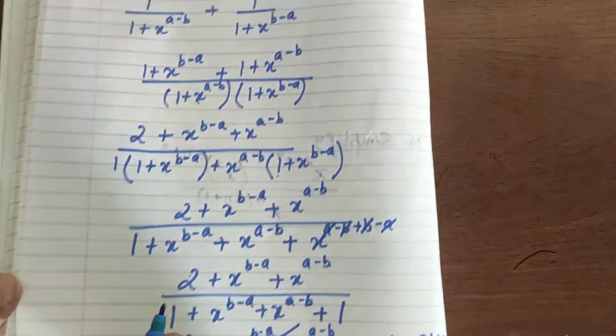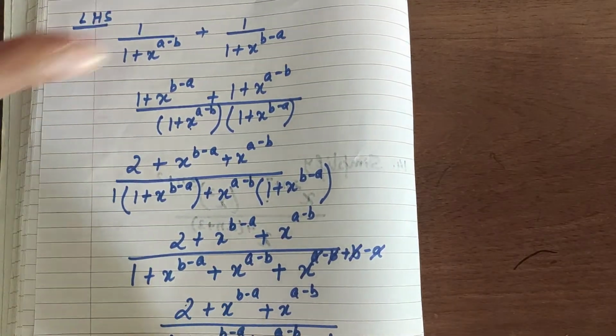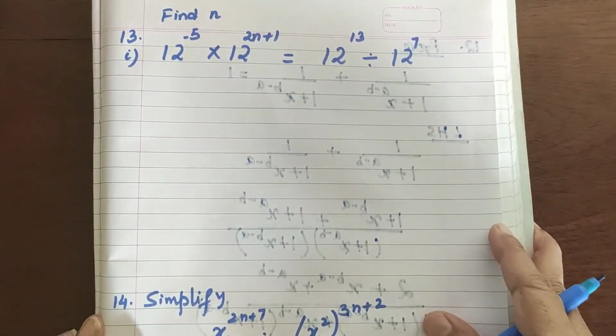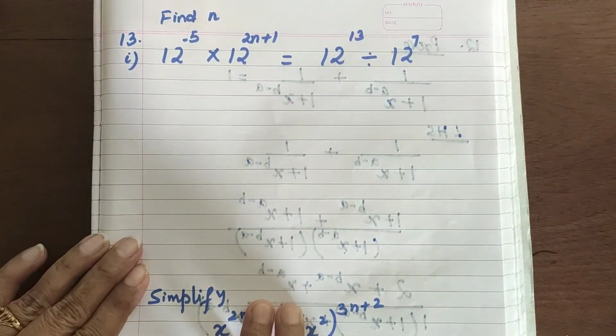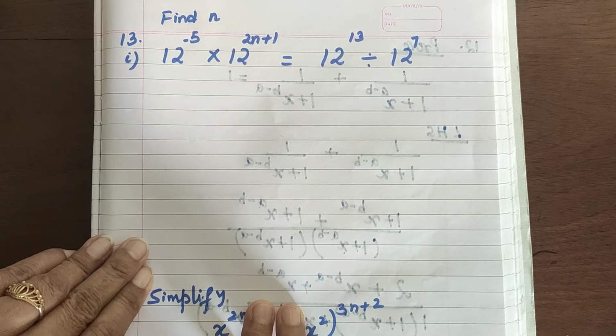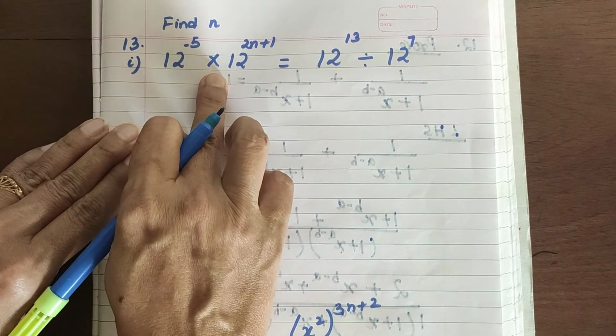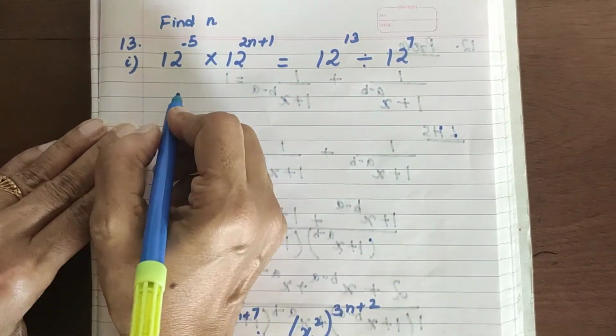Now I move to the next question, question number 13, part 1. Here you have to find the value of n. So you can solve both the sides simultaneously. It is a multiplication sign, so I add them.